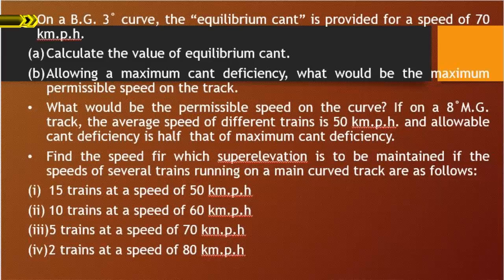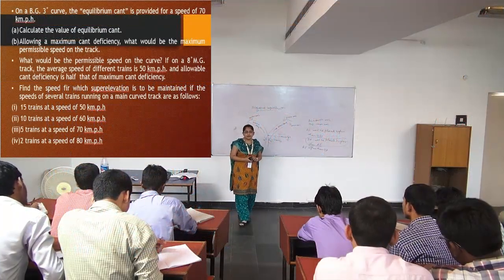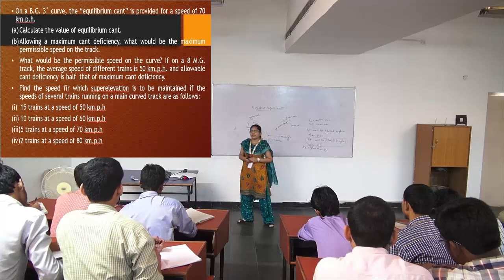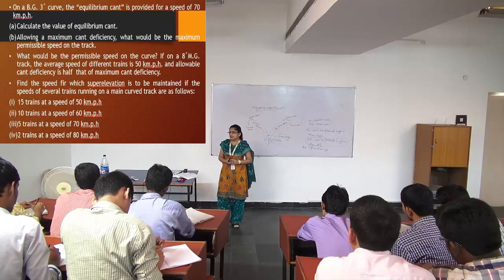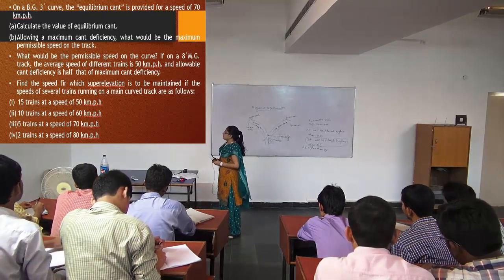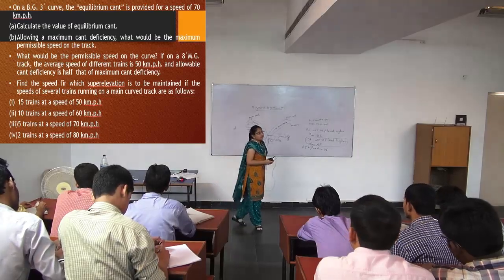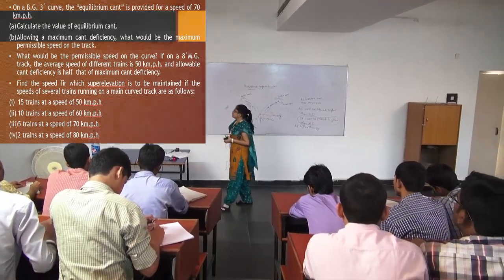Write this first one. On a broad gauge 3-degree curve, the equilibrium cant is provided for a speed of 70 kilometer per hour.